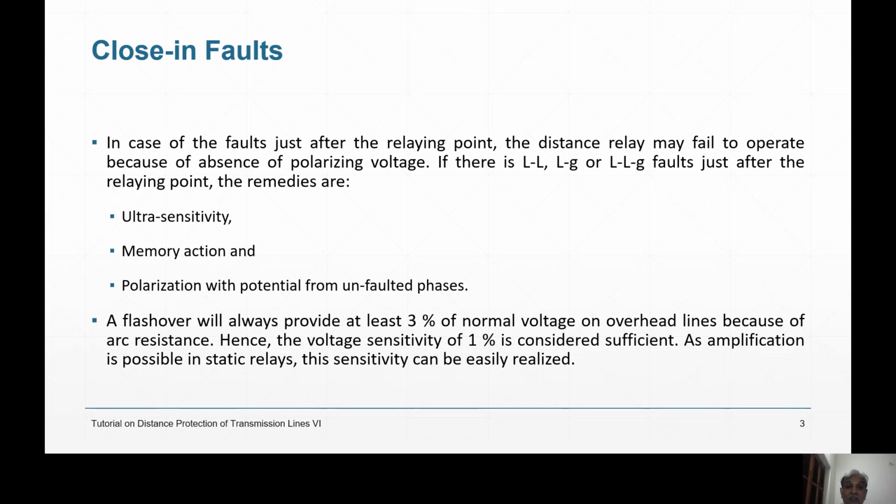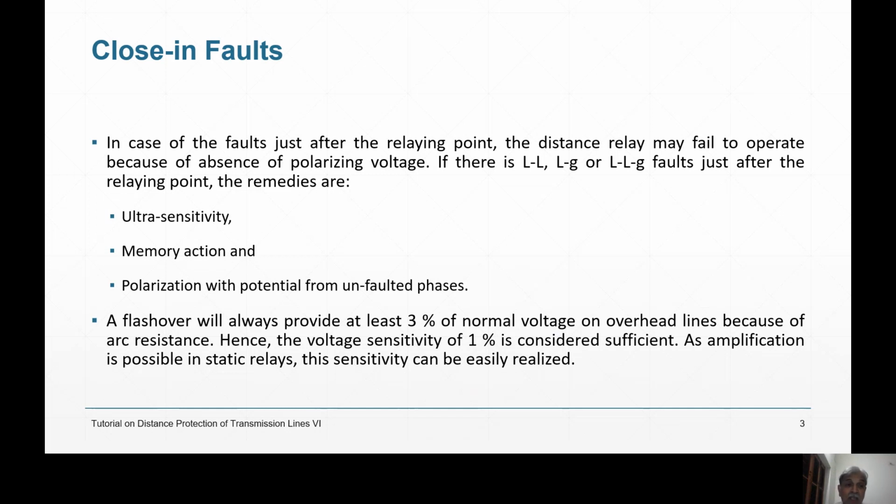The operating torque has to overcome the bias of the spring also. So in electromagnetic relay, the dead zone, meaning the non-operation of the relay in the right direction, was more, say for the sake of example, out of a 100-kilometer line, 5 kilometers is not seen.